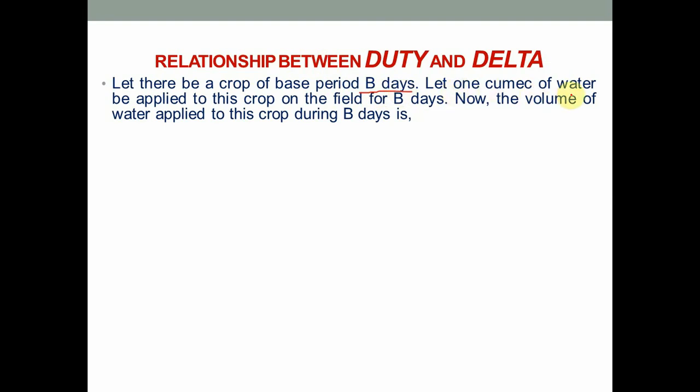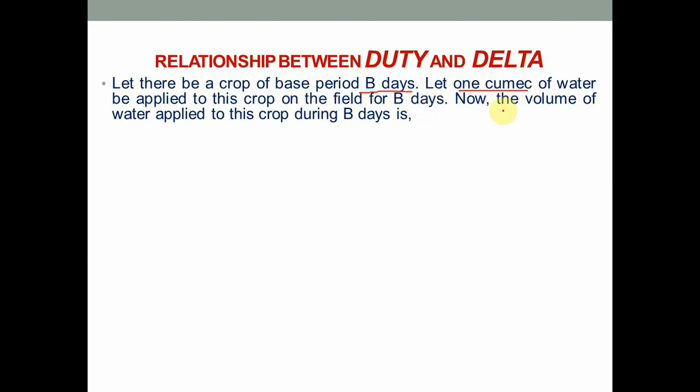Now let 1 cumec of water be applied to this crop on the field for B days. Now the B days can be any number of days, 100 days, 120 days, 200 days, any number of days. For that total amount of B days, we are continuously providing 1 meter cube per second of water to the crop.